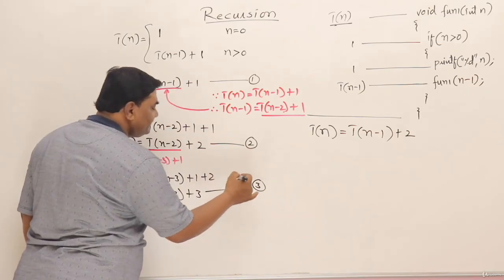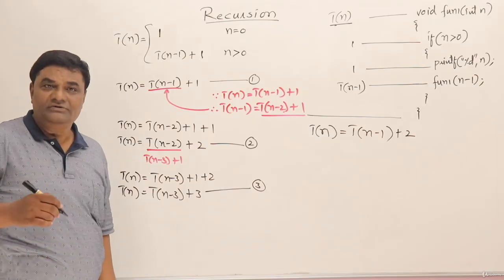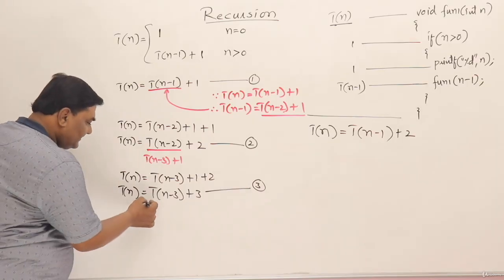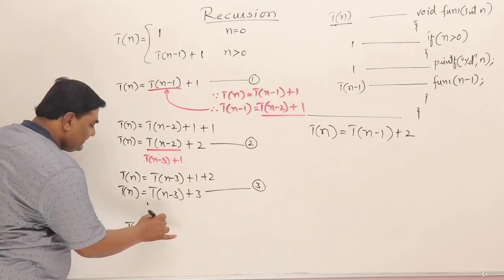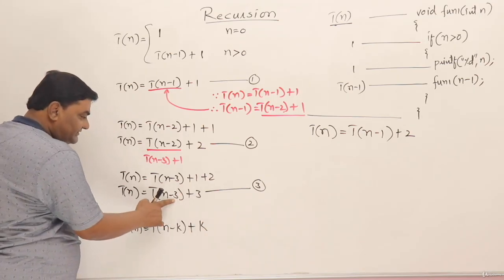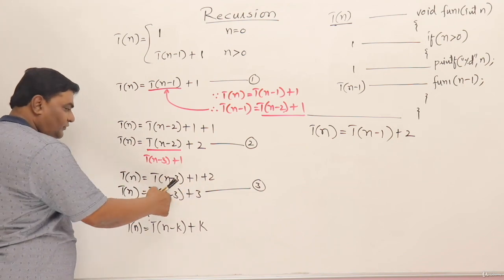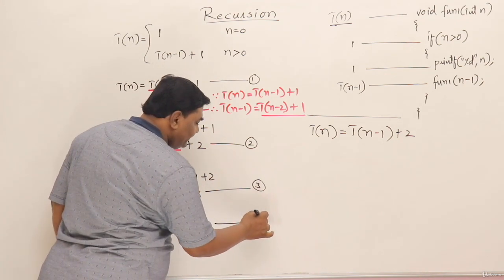This is the third equation. So I have substituted 2 times. How long should I do this? Let us continue it for k times. So T(n-k) + k. Because this was 3, so this is also 3. If it is 4, then this will be 4. If this is k, then this will also be k. So that is the fourth equation I got.